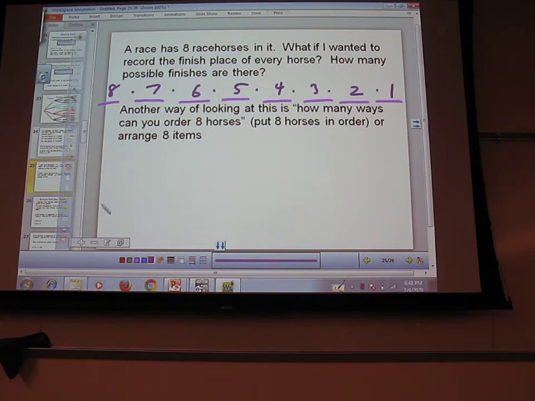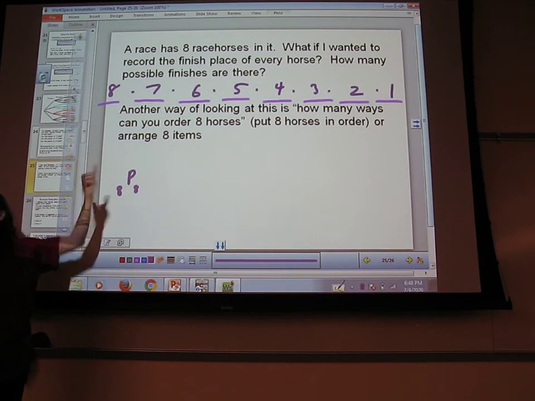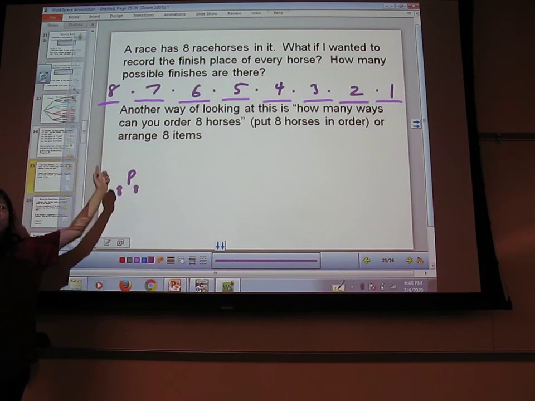This is 8 items, picking 8. If you pick all of them, another way of looking at it is how many ways can you arrange 8 items? We know this number, it's 8 factorial, we looked at those earlier.